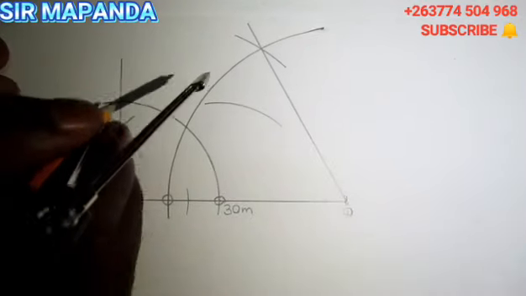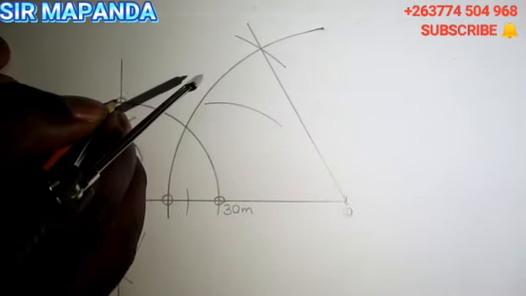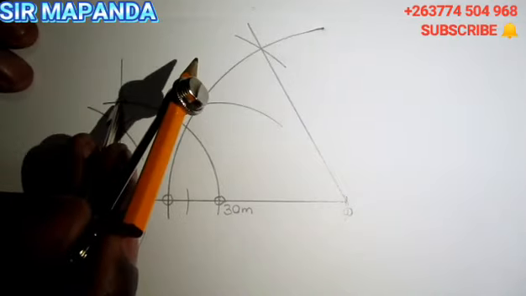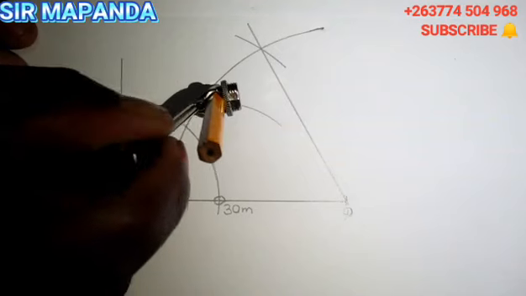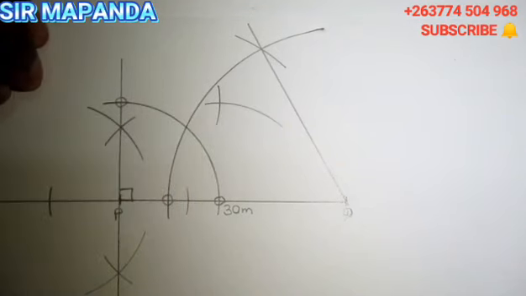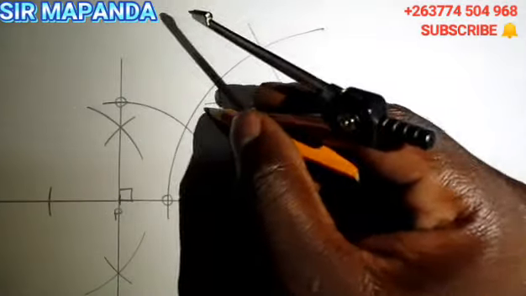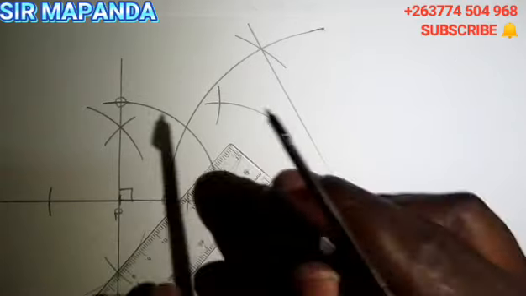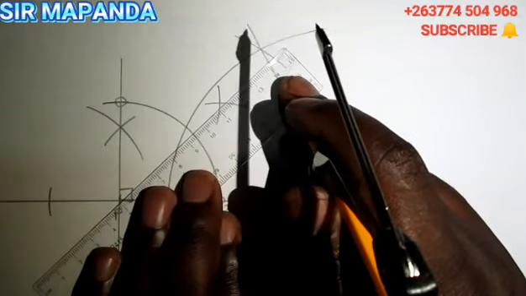Then you touch the point of intersection of the arc with the north pole of P, so that you intersect with the first arc, like this. I hope you are listening. So this point of intersection between the first arc and the second arc, we want to connect it with point P, right?